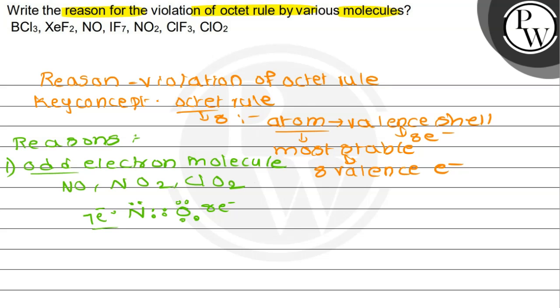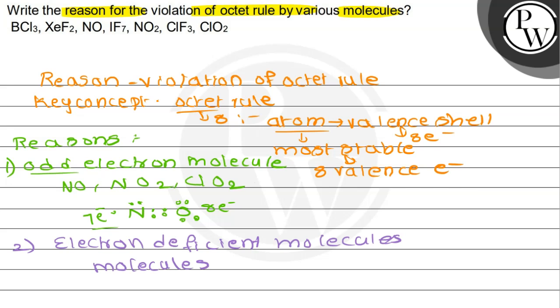Then coming to the second reason, it is electron deficient molecules. This is the second violation. Electron deficient molecule means the compounds having less than 8 electrons around the atom in the molecule.